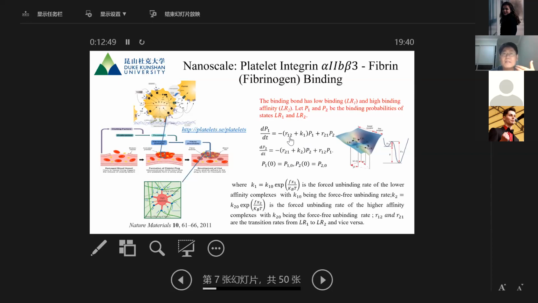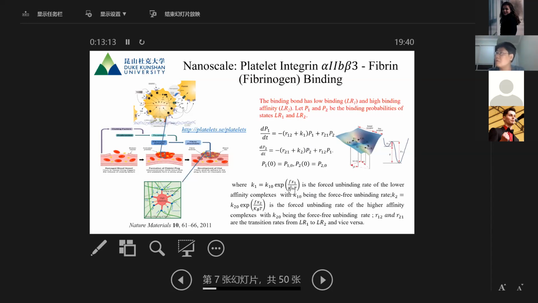Here Q1 is called the force-dependent unbinding rate, meaning how fast the bond is breaking. Of course, this Q1 depends on how much force is acting on the complex, and it follows the Boltzmann distribution.